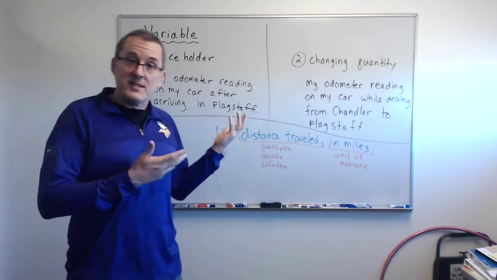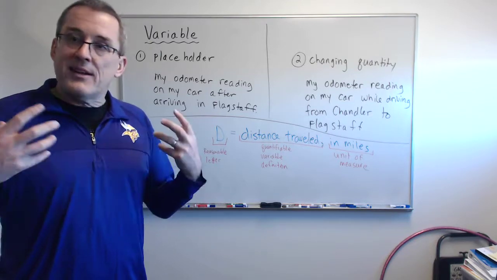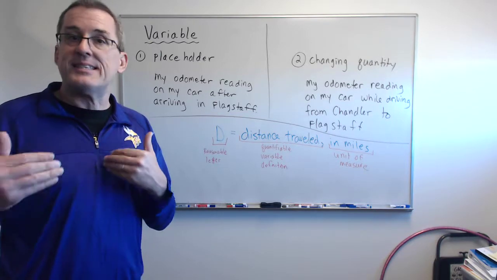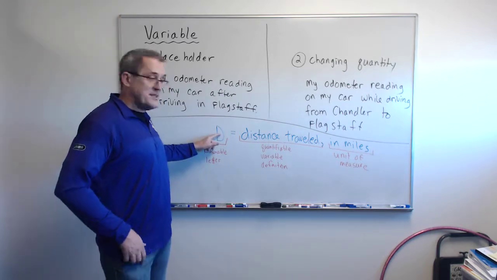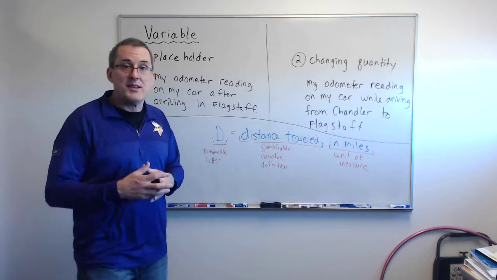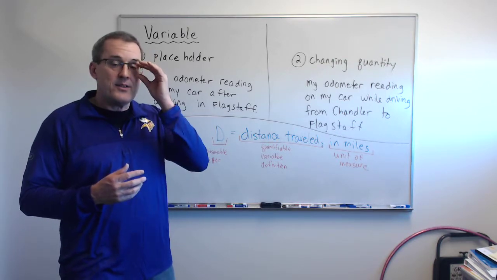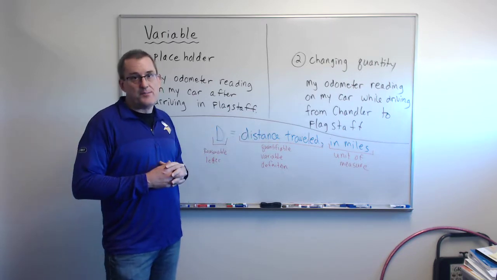So suppose in this context we're talking about an odometer reading. In my mind, an odometer reading is measuring a distance, how far I've traveled on this trip. So I'm going to use D for distance, and then we use equals just to communicate to people how we're defining this variable. And so I'm going to say that D is the distance traveled.